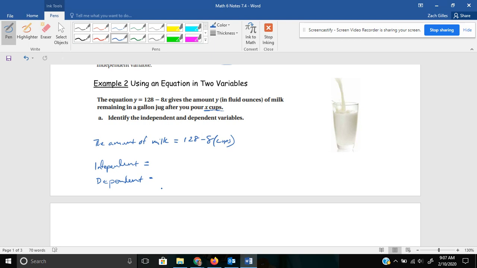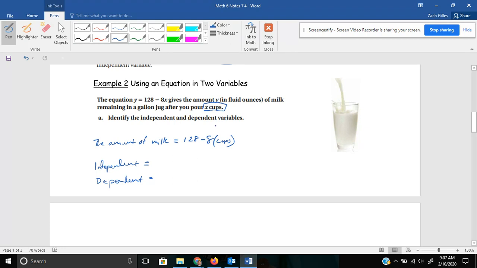Okay, so in this case, which one is the independent variable? Well, what can change in the problem, and then what depends on how much you change? Well, what can change in the problem is the number of cups.